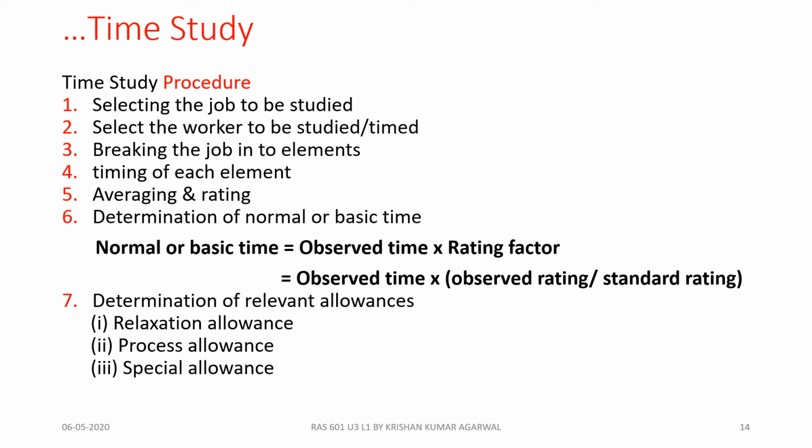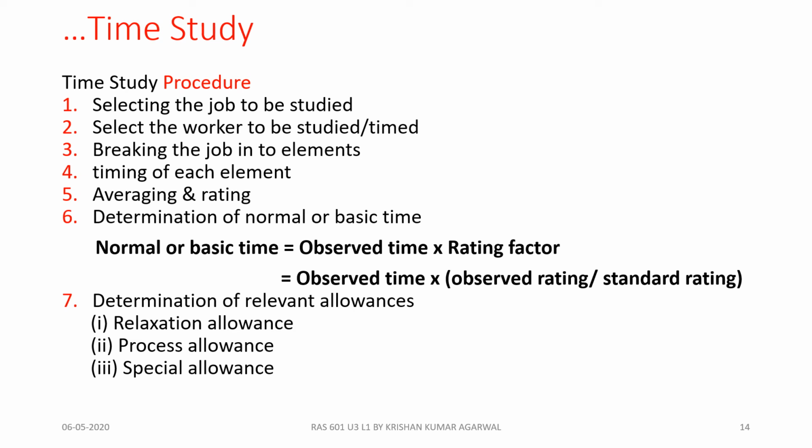Those allowances are relaxation allowance, process allowance, as well as special allowance. Relaxation allowance is required for a human being to take a meal during the work, or during an 8 hour working shift.